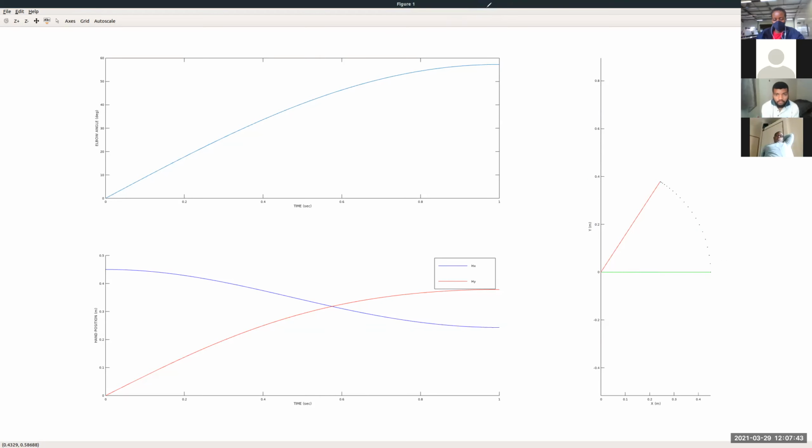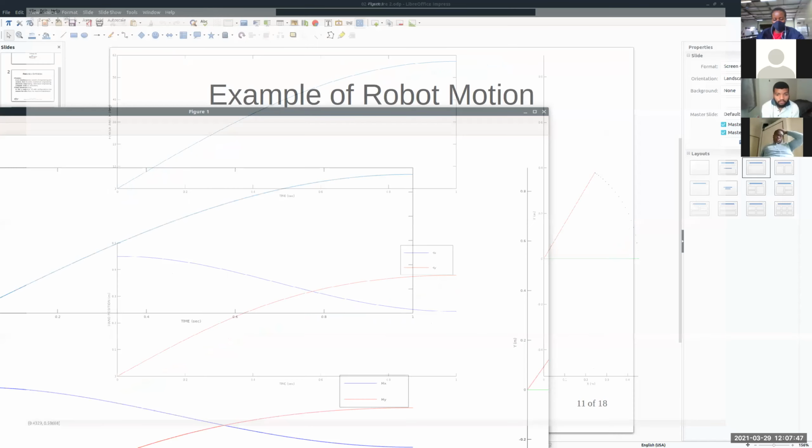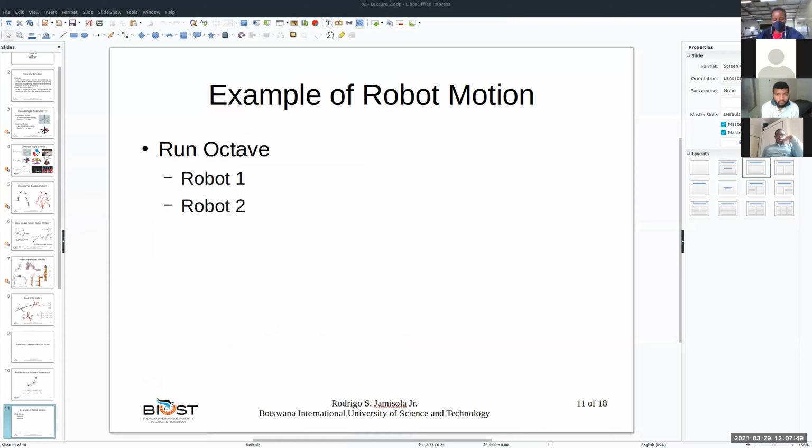Okay, now let's see that by incrementing it one by one. Okay, let me run.